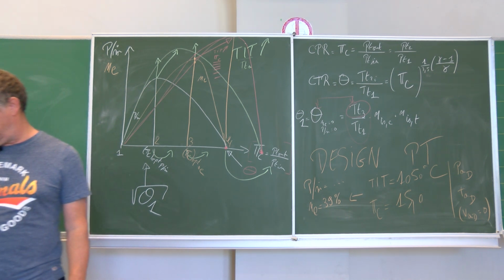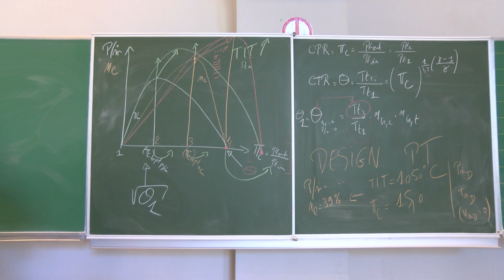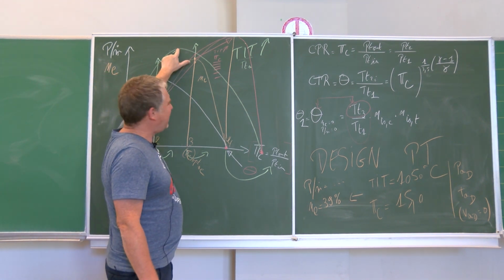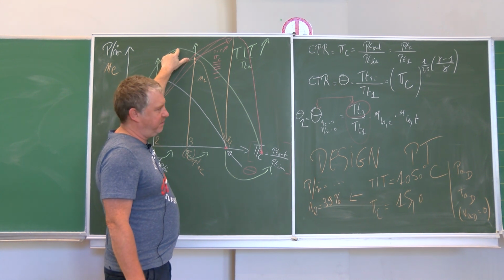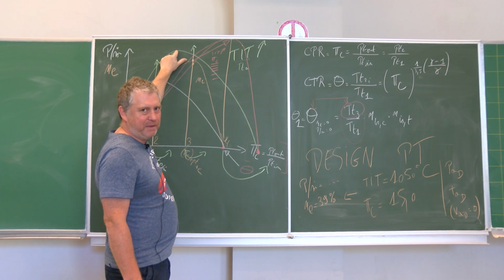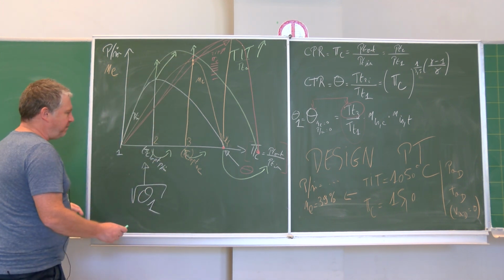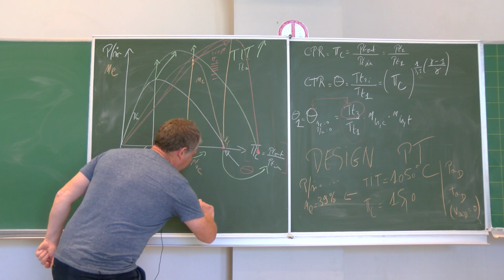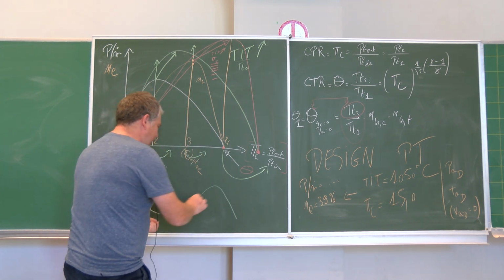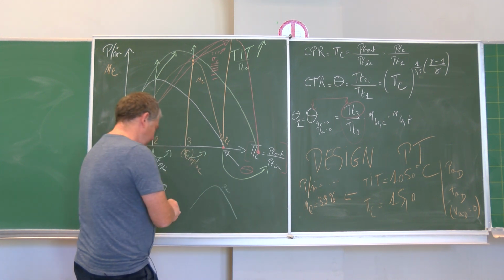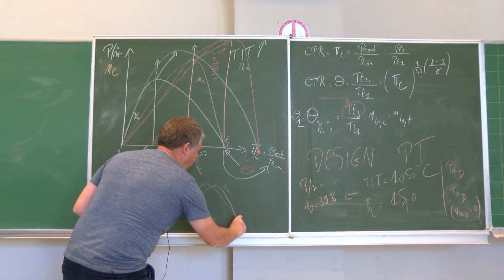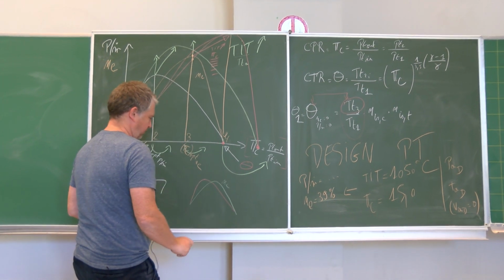Of course, we see that we cannot optimize both performances at the same time. So you see, if I represent it here downstairs, you will have for eta E a curve like this one, and you will have for P over m dot a curve like this one.